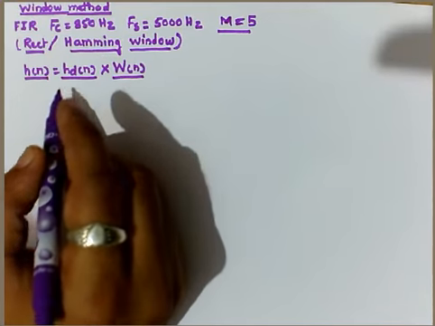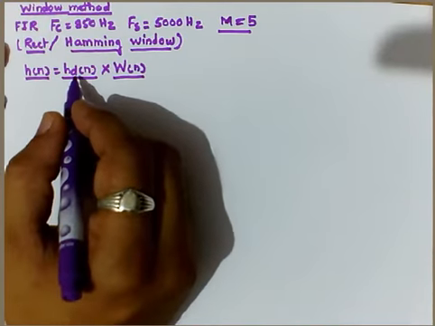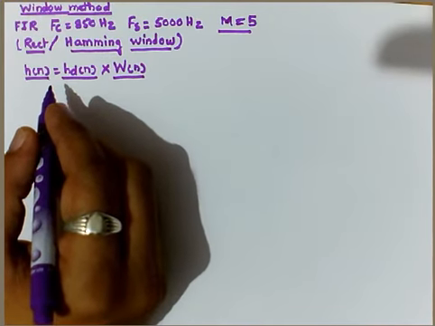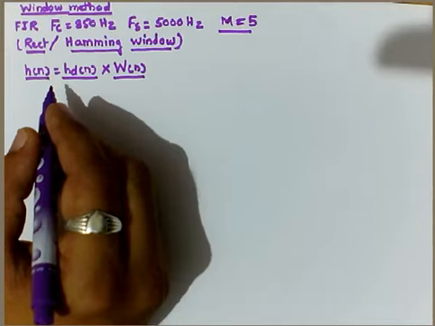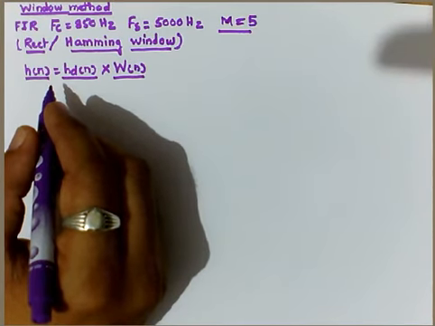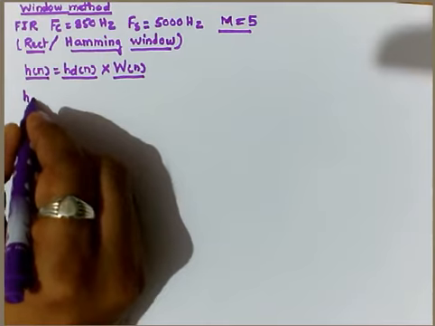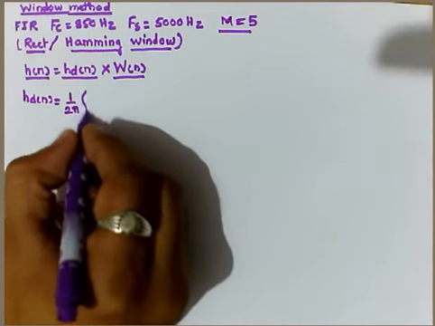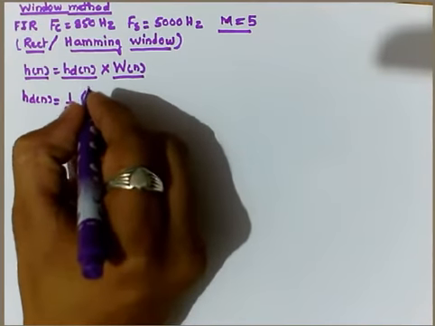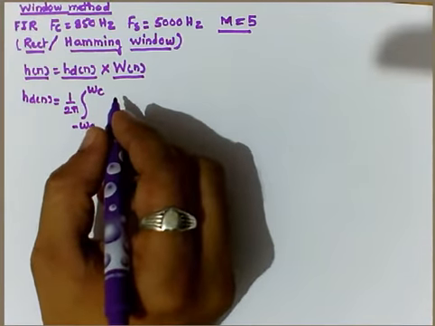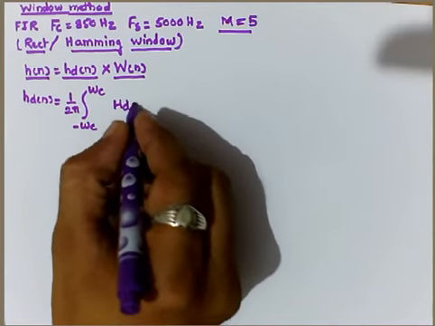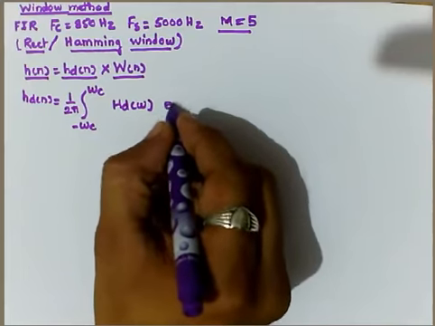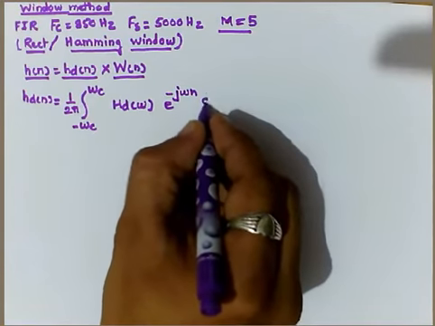So we need to calculate the value hd of n. To calculate hd of n, as we have seen, let me write down the expression: hd of n is 1 upon 2 pi, integral from minus omega c to plus omega c, of the desired frequency response hd of omega, e raised to j omega n, d omega.